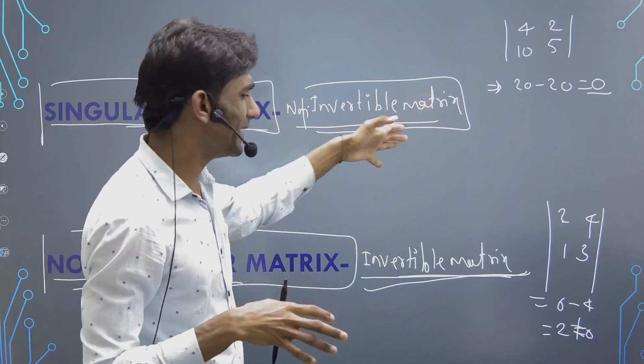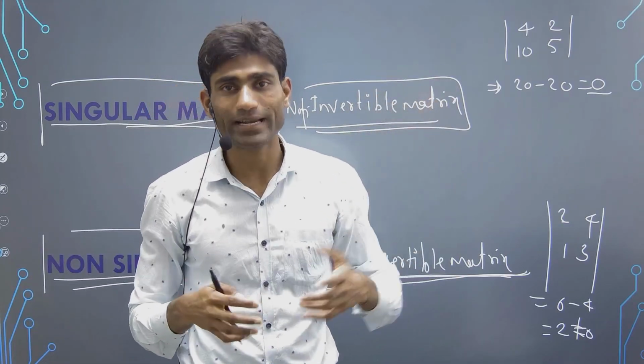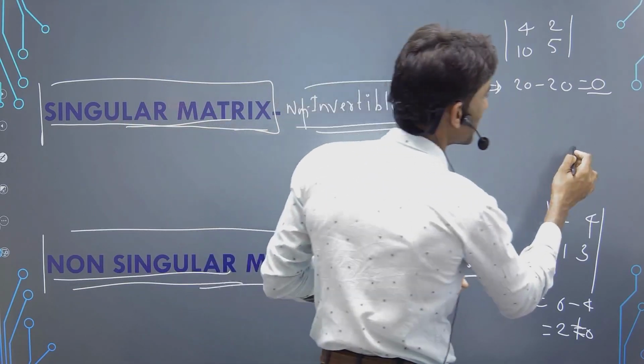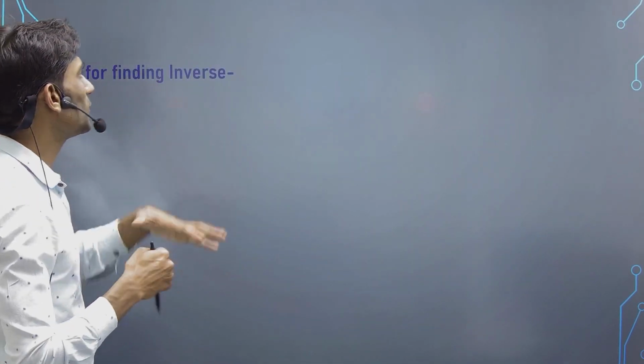Now let's start today's topic, which is the inverse of a matrix using the adjoint method. These are the two basic concepts we needed here, and whenever we need more concepts, I will explain them at that time. Now in the next part, we'll see the steps for finding the inverse.